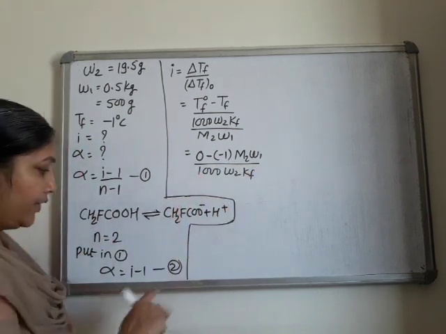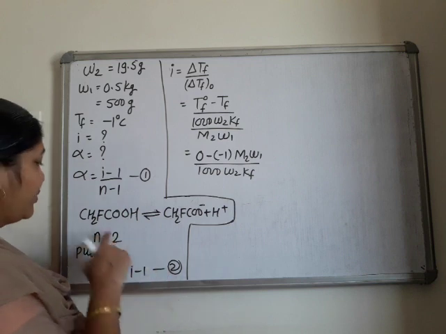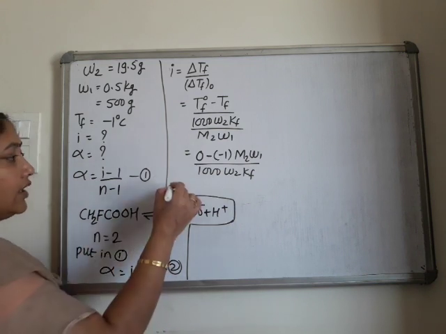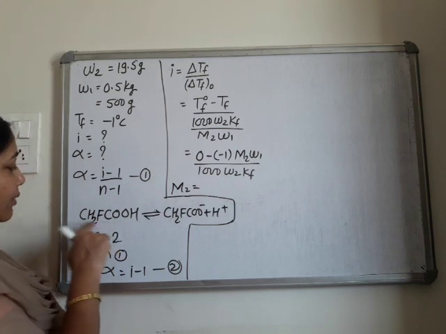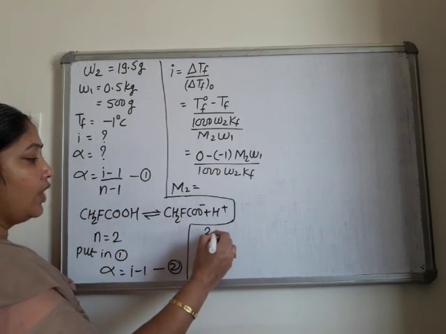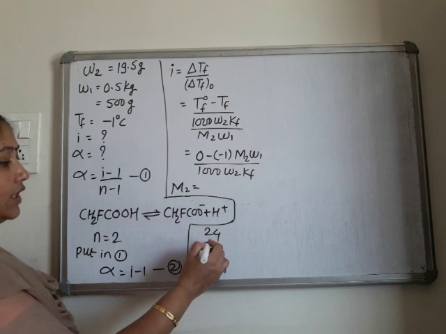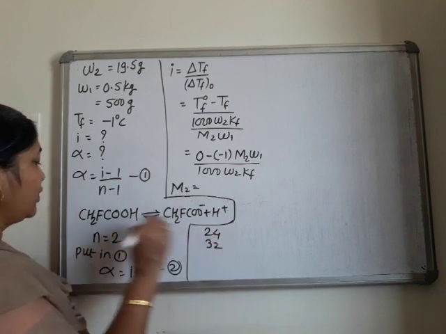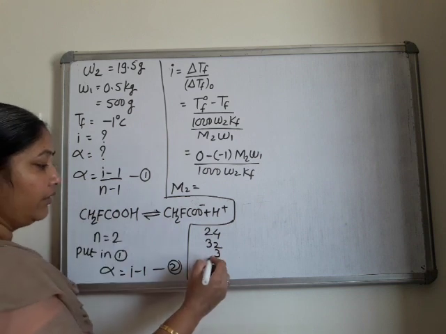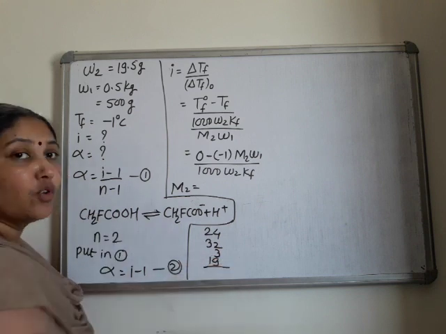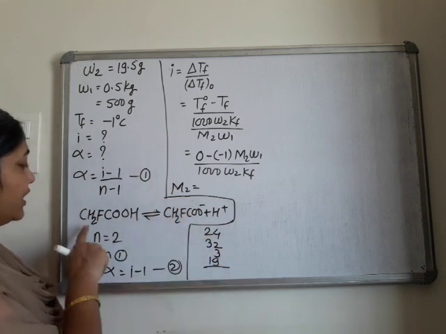M2 we require. So what is the value of M2? Substance is CH2FCOOH. How many carbons are there? 2 carbons, so 2 carbons means 24. 2 oxygen, so it is 32. How many hydrogen? 3 hydrogen. And 1 fluorine. Atomic mass of fluorine is 19.